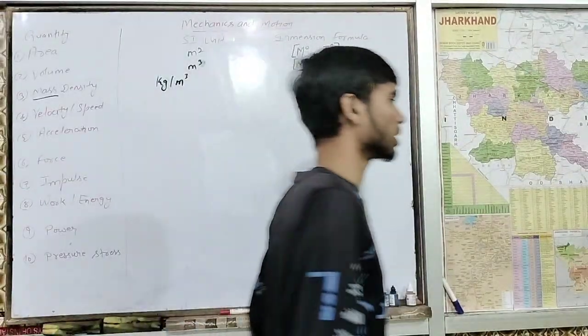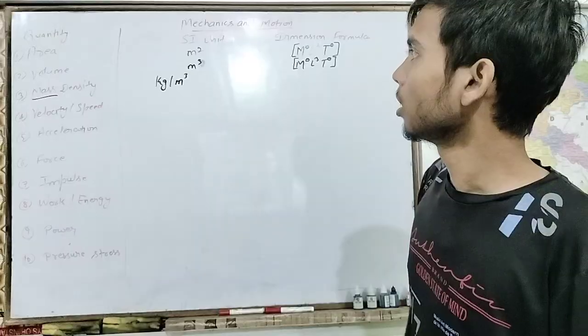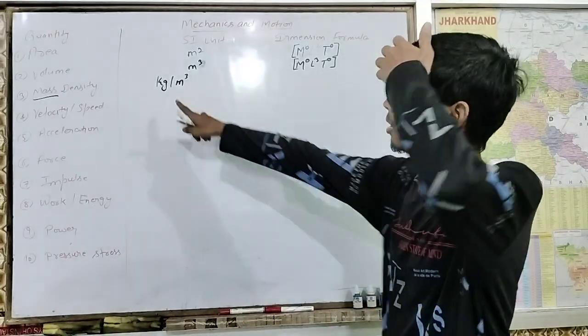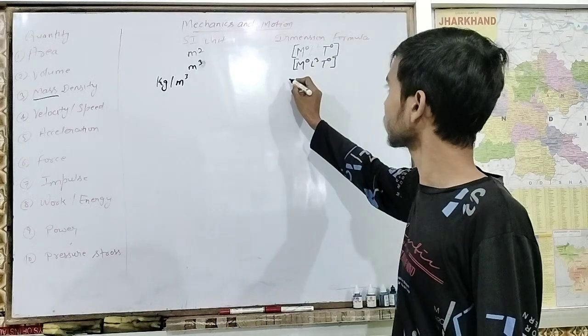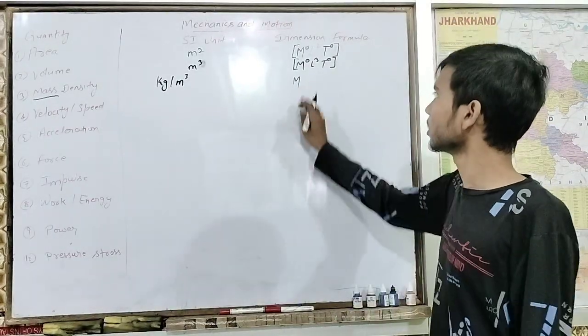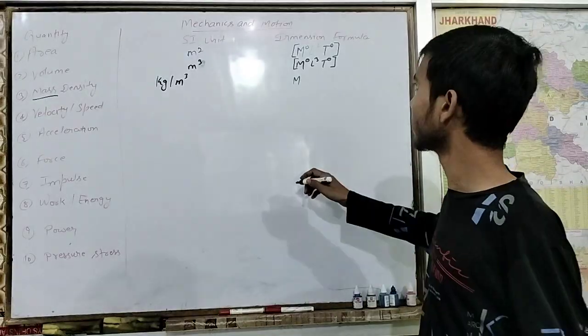You know that density is three dimensional. That's why the exponent three is coming over here. kg is a mass, so mass is one, and here the exponent is one.